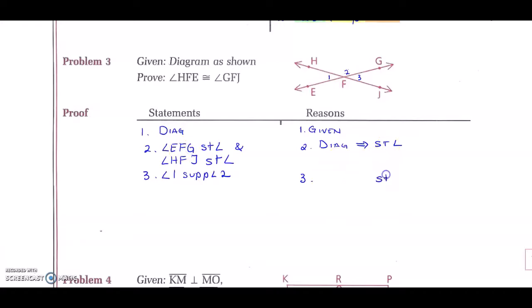Because if two angles form a straight angle, then they are supplementary angles. And remember, the logic that we're using is the chain of reasoning, so we could, in theory, cross out the straight angles. And I want to say 3 is supplementary to 2 because that forms angle HFJ. That's the same reason.